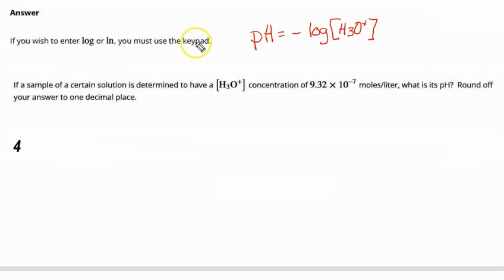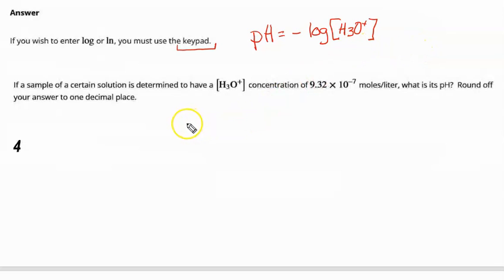Looking at number 4, here is the formula for finding pH. pH is equal to a negative log. Now, in your answer, if you ever have to write the word log, you can't just type in log. You have to put the log symbol in from the keypad that I'm sure you're familiar with at this time. So what will this be?